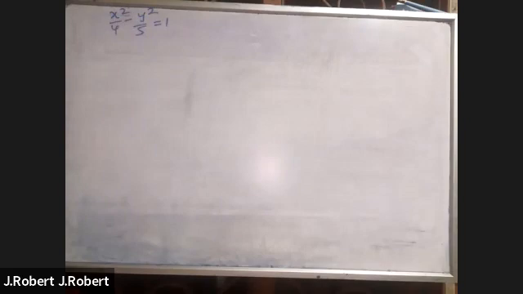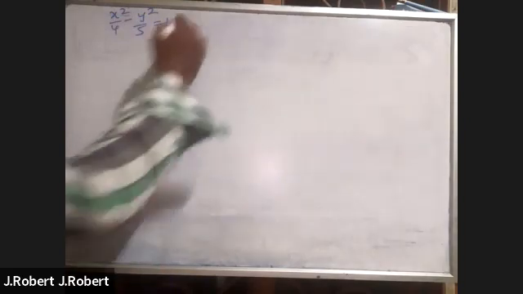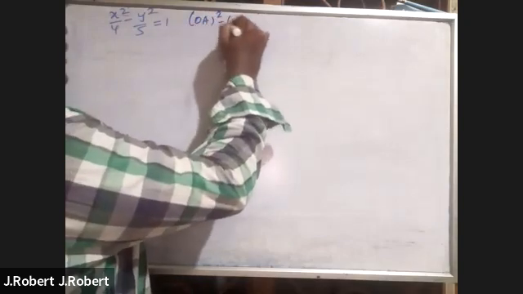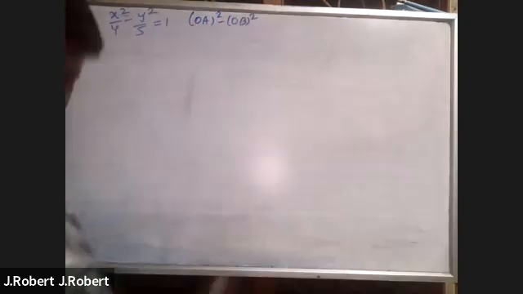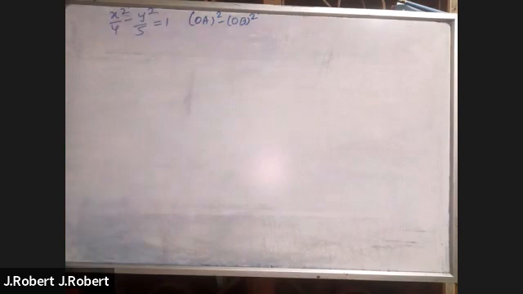Then find the value of OA square minus OB square, where O is the origin.